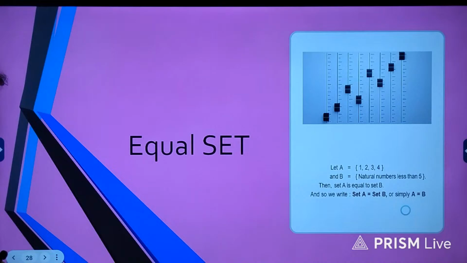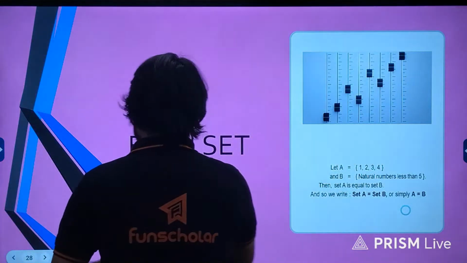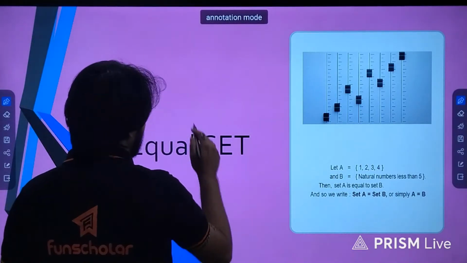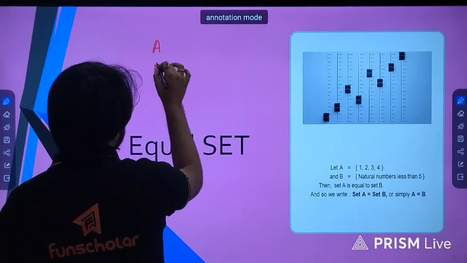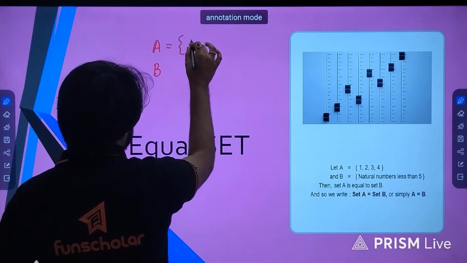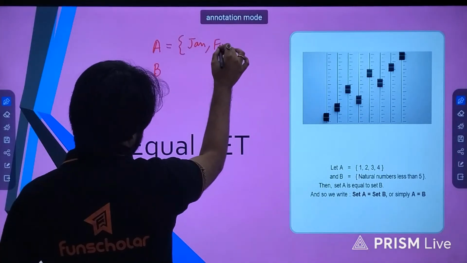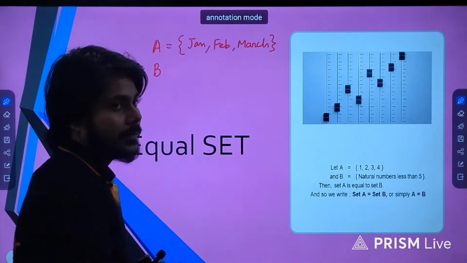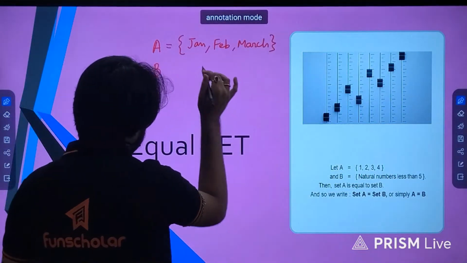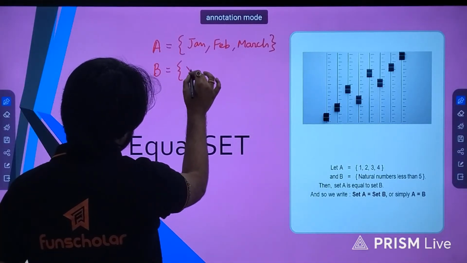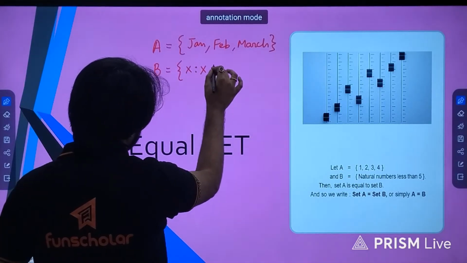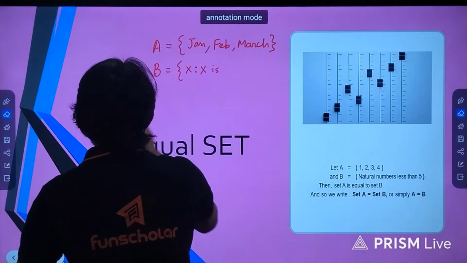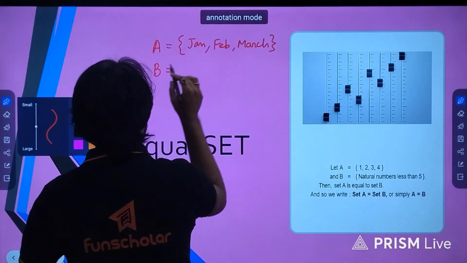Equal sets. Consider two sets, set A and set B. January, February, March. This is a particular set. Now let me write this in description method.